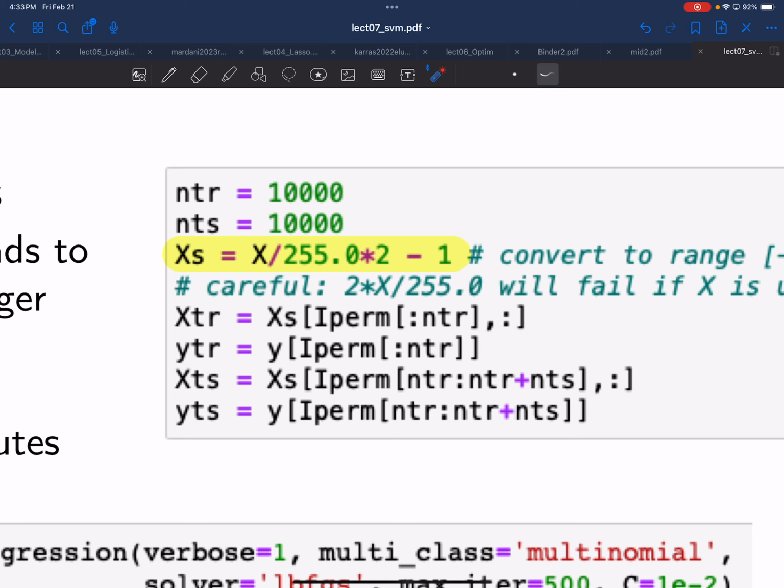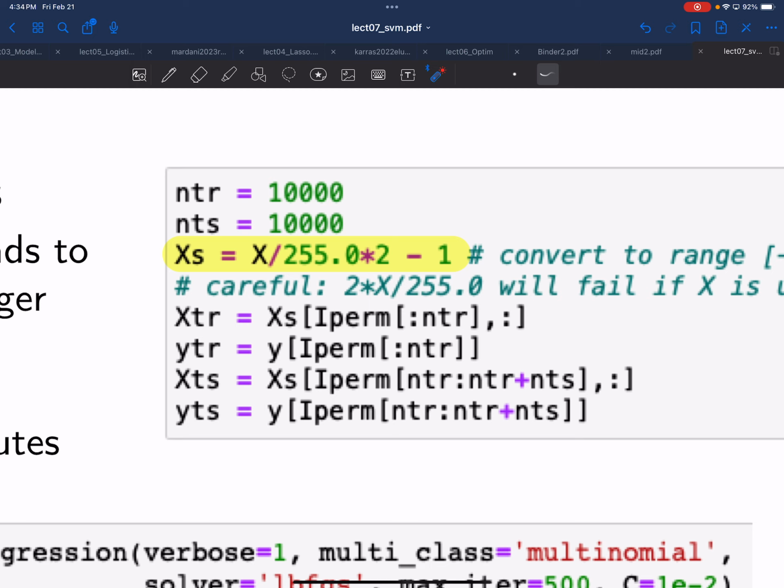So basically, we're just doing a constant scale and shift of all pixels so that they eventually live in the range between -1 and 1. And you have to be a little careful when you do this. For example, if you do something like this, 2 times x divided by 255, this is actually going to fail. The reason why is because if x is an unsigned integer and you multiply it by another integer 2, you'll actually overflow, right?